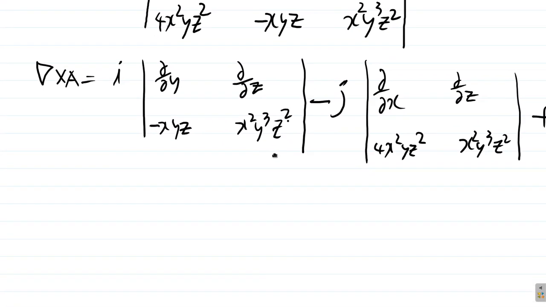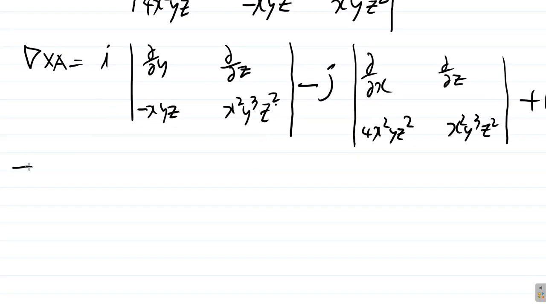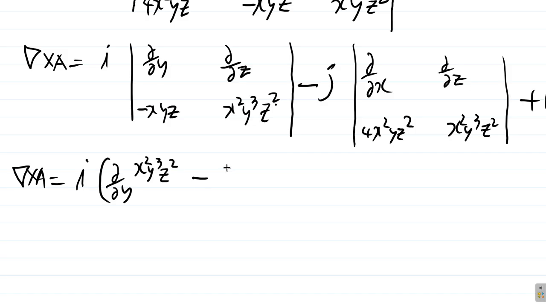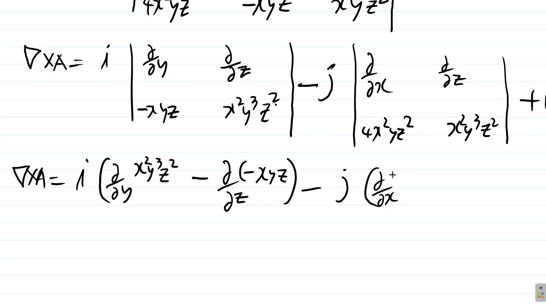So then, here now, nabla cross A equals i times partial by partial y of x squared y cubed z squared, minus partial by partial z of negative x y z. See that? Minus j times partial by partial x of x squared y cubed z squared, minus partial by partial z of 4x squared y z squared.